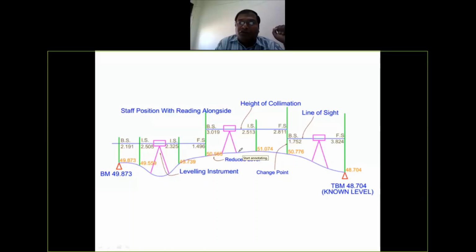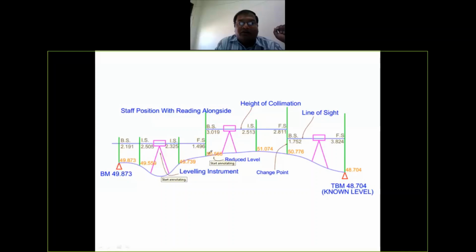So for that, you have to calculate the RL of this particular point, and add this backside reading to that. Previously the benchmark was given, so you simply added your backside reading to that benchmark and got the height of the instrument.